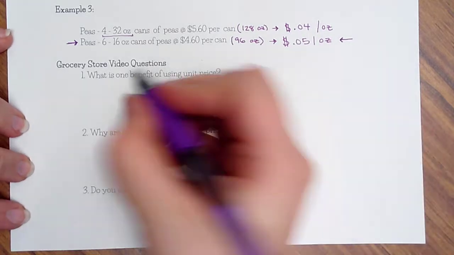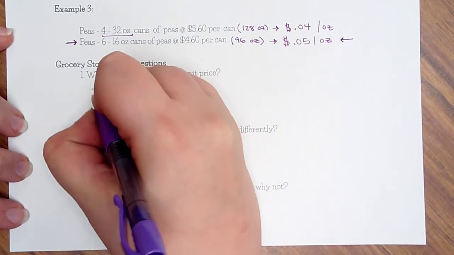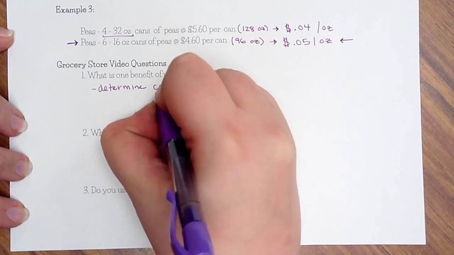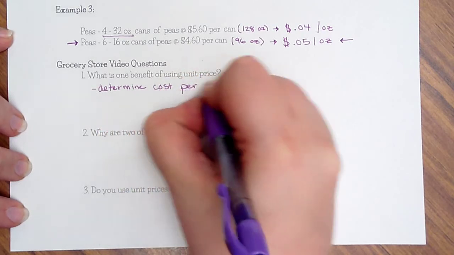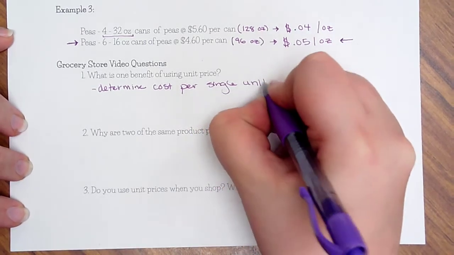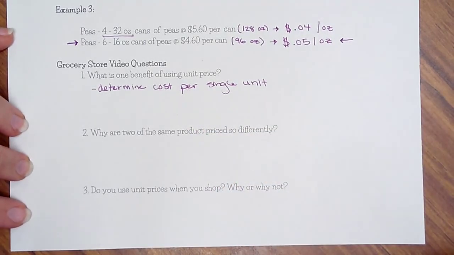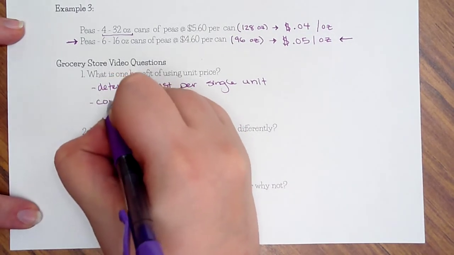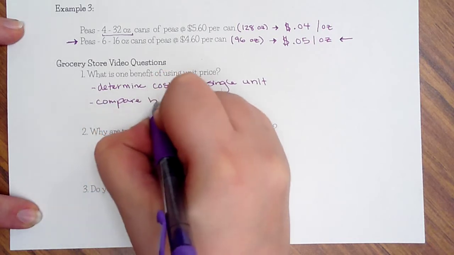One easy benefit is that you can determine the cost per single unit. Why do we want to do that though? What is that beneficial to us? Well, it tells us how expensive or cheap a product is based on its brand. So you can compare brands based on unit prices.